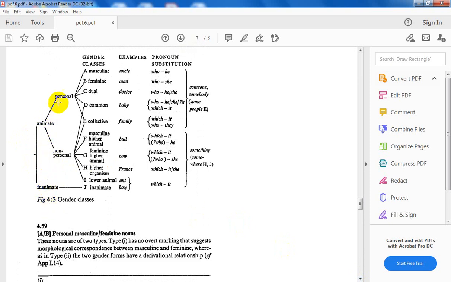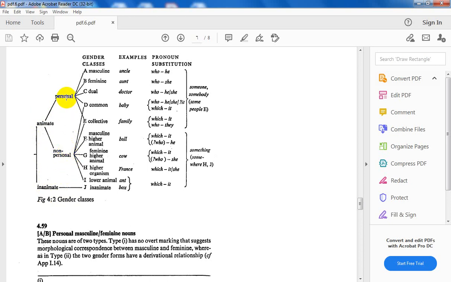Animate can be personal, referring to persons, and non-personal, referring to non-persons, non-human. Again, generally the gender of nouns is animate or inanimate. Inanimate, غير عاقل, جماد. The animate can be personal and non-personal.